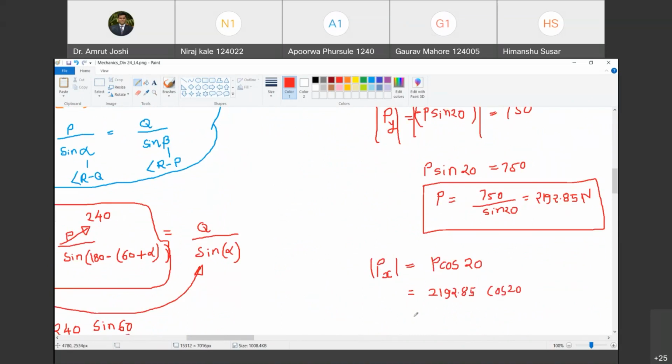Can you tell me how much is that? I am getting it as 2060.60 Newton. I hope it was clear.